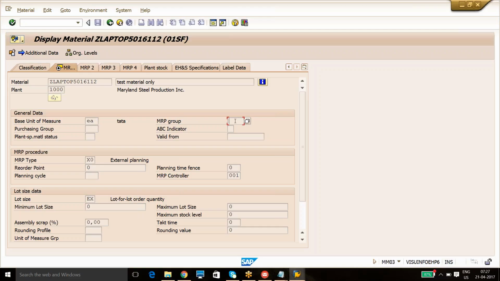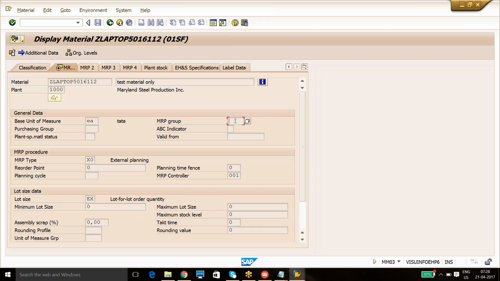Let us say you have 5 lakh materials; not all of them will be used by you for planning, right? Yes. Actually, what I did, in the MARC table I checked blindly whether the planning strategy group STRG field is filled for any material. It was not filled in any materials.